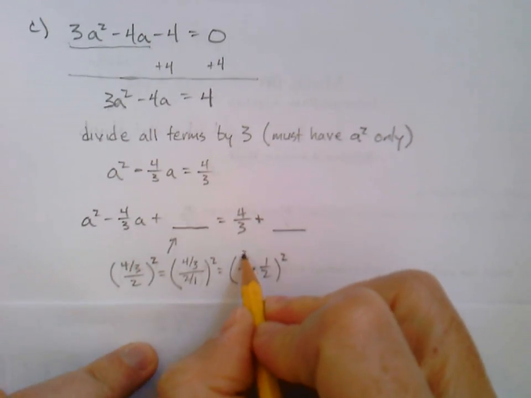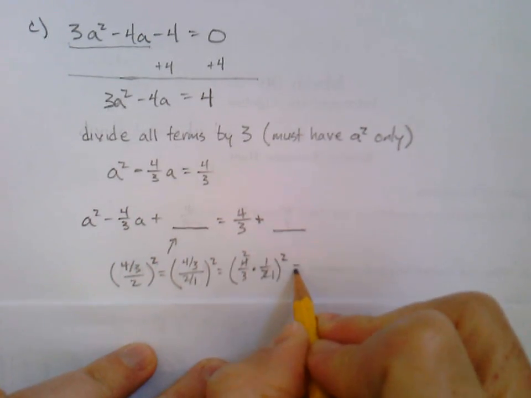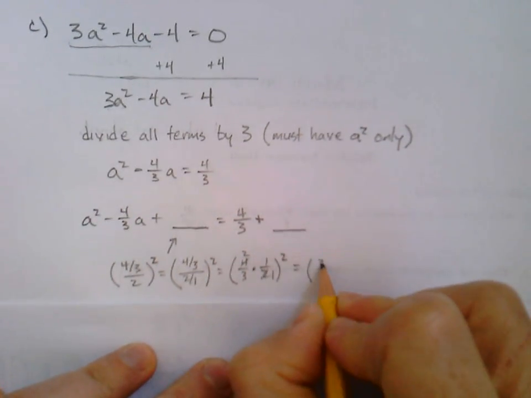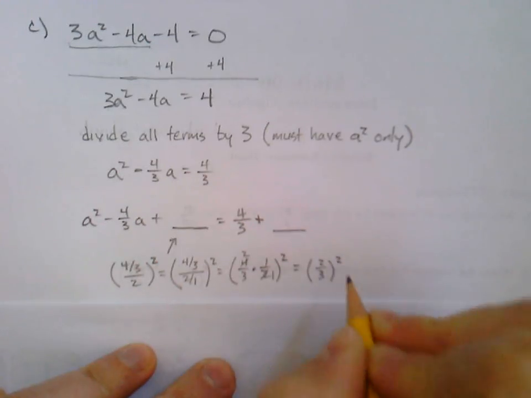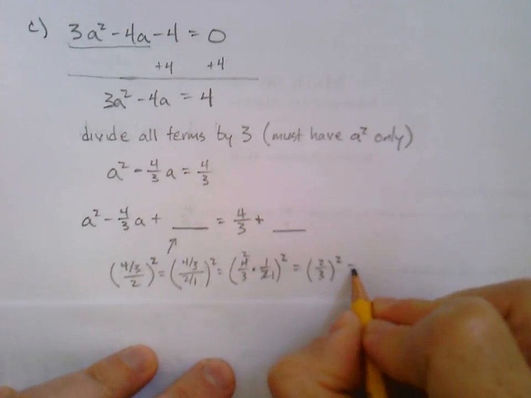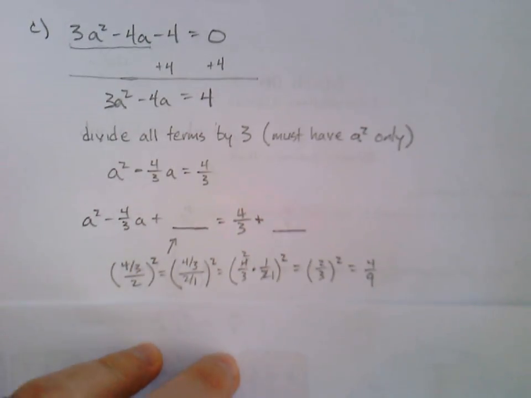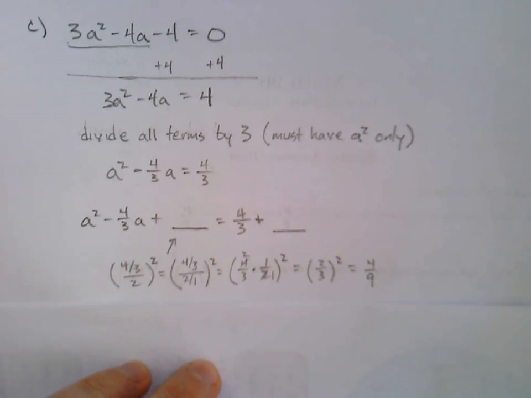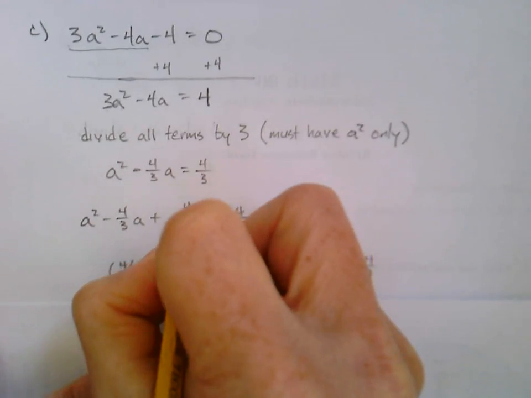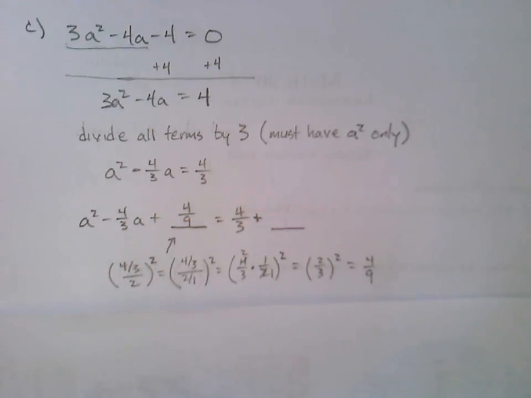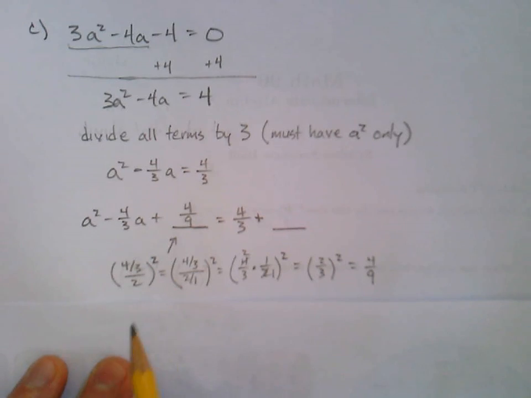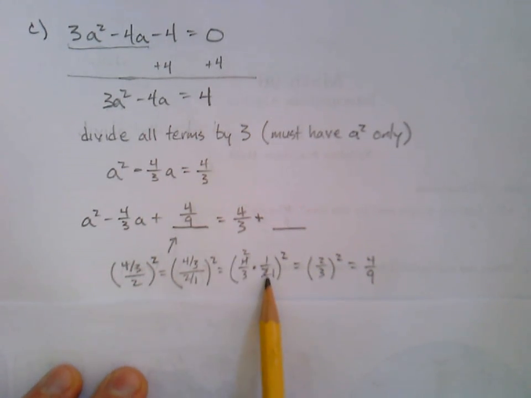Then these reduce very nicely, and we end up with 2 over 3 squared, which is 4 over 9. And that's what I'm going to put in right here, 4 over 9. I divide it in half, which means I multiply it by 1/2. It becomes 2 over 3. I square it. There you go.